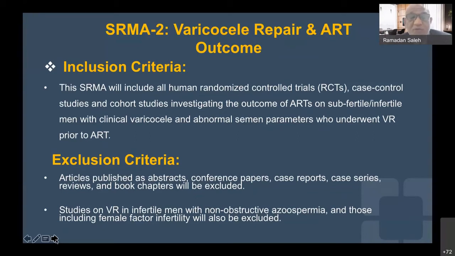And we will also exclude infertile couples in whom the husband has non-obstructive azoospermia in the context of varicocele, because this will be covered in the systematic review and meta-analysis number 3. And we will also exclude those cases who proceed to ART for a female factor infertility. Next, please.